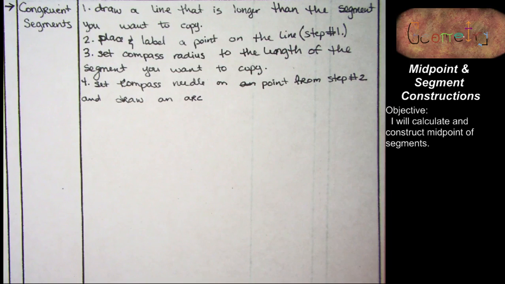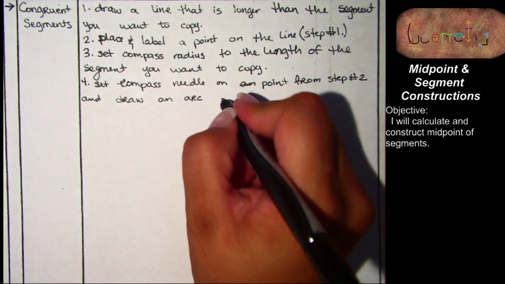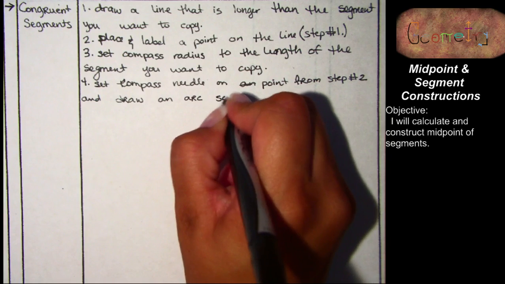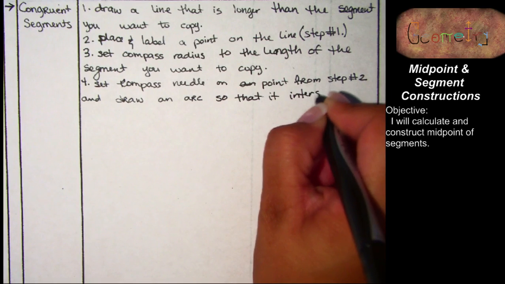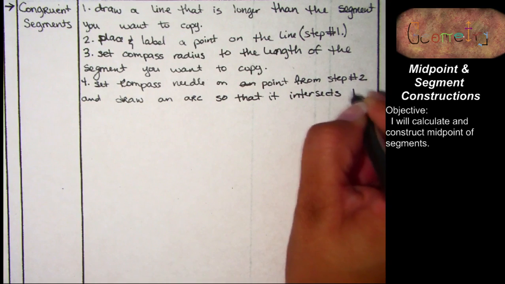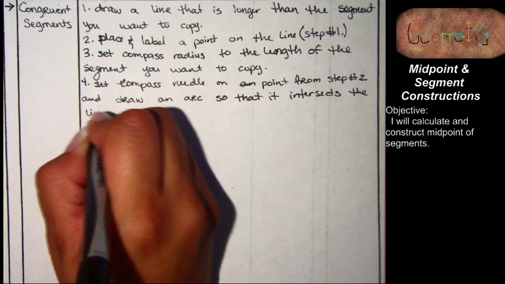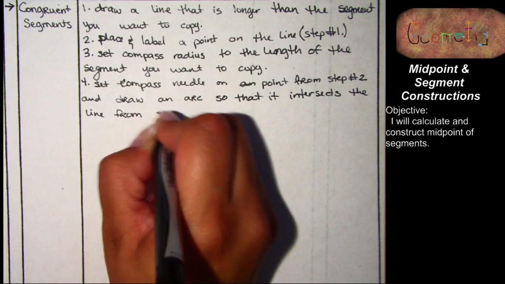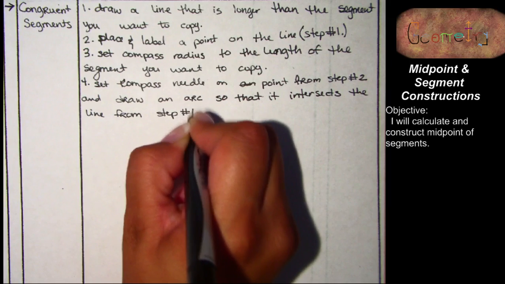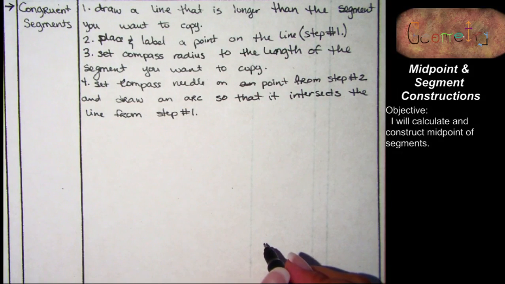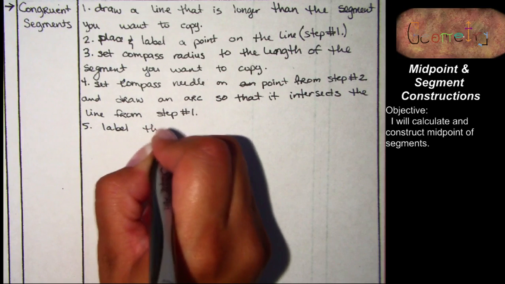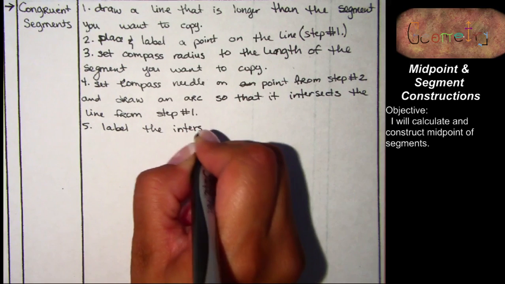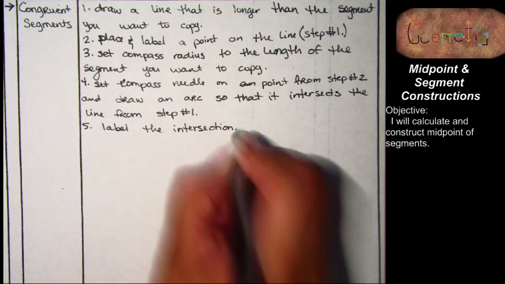Doesn't have to be really big, but you want to draw this piece of a circle, this arc, so that it creates some sort of intersection with the line. You'll label that intersection point when you're all done.